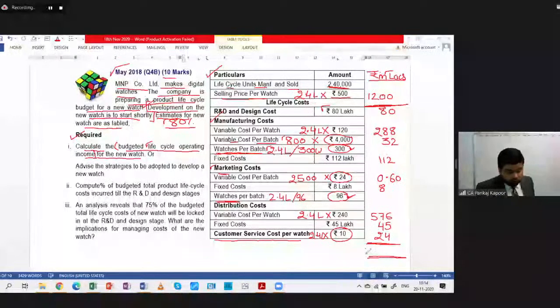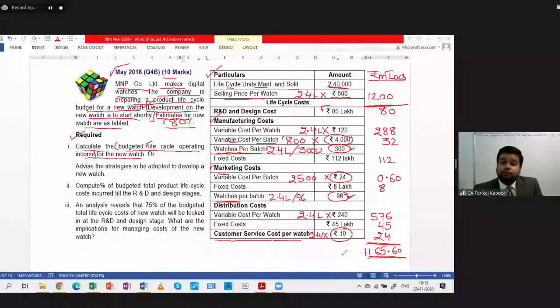What is the total life cycle operating cost of producing 2.4 lakh watches? Good. The total operating cost of producing 2.4 lakh watches is 1165.60 lakhs. 11 crore 65 lakh 60,000.